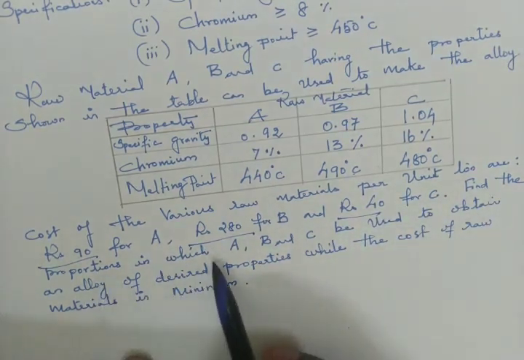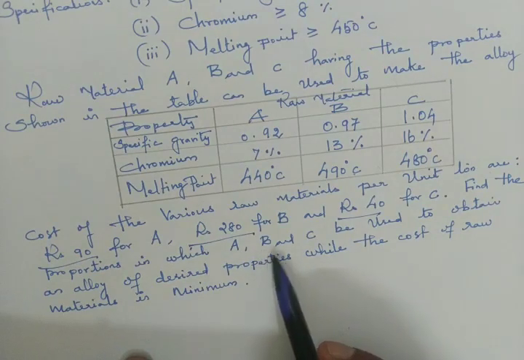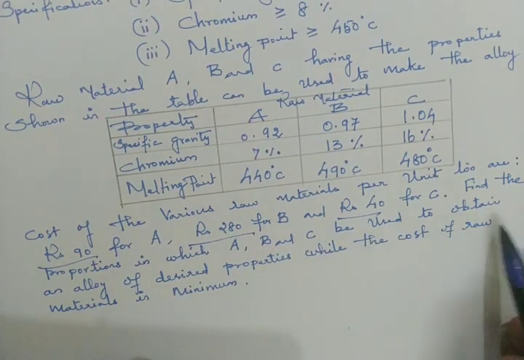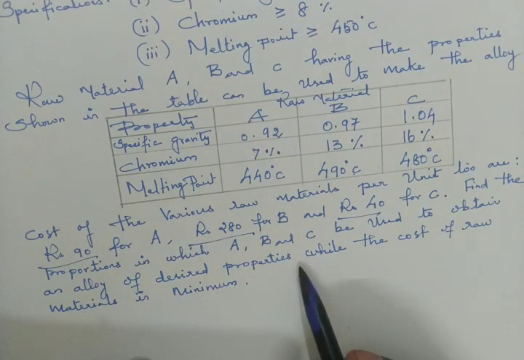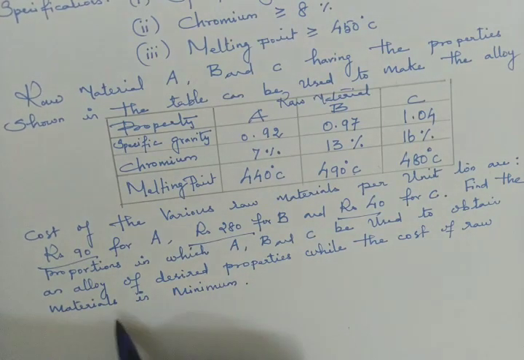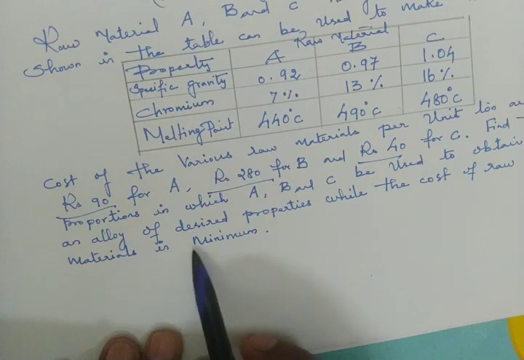Find the proportions in which A, B and C can be used to obtain an alloy of the desired property, while the cost of raw material is minimum.